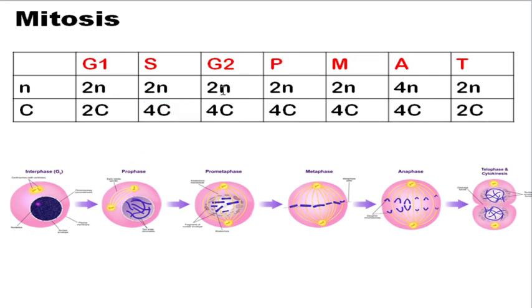In G2 phase also, the number of chromosomes and the DNA content remain the same. In prophase, the number of chromosomes is 2n and the DNA content is 4C. In metaphase, the number of chromosomes is 2n and the DNA content is 4C.